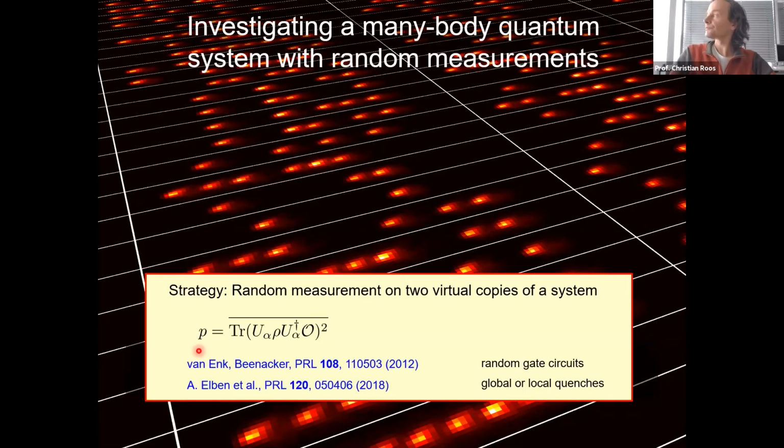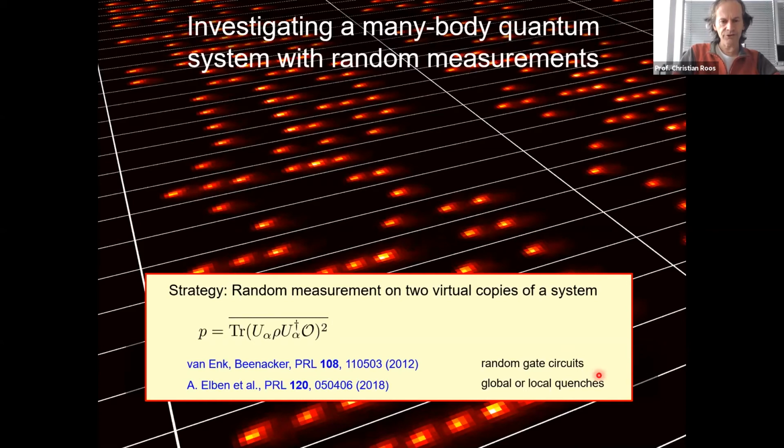And in a way, what you do is, when you have, for example, the purity, then you know that you have products of density matrix elements that enter, and by choosing the right unitaries, you can, in this expression, eliminate those entries which you don't want to have, and so you're left only with the ones that you want to know. And I can't really go into the details here.